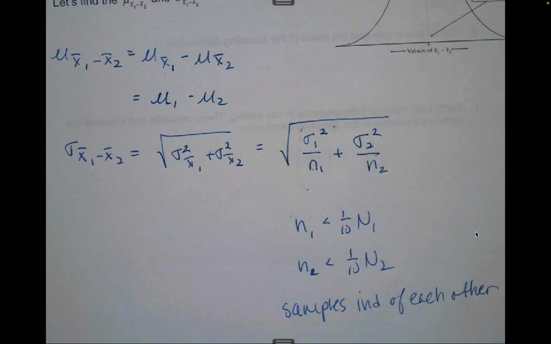Go ahead and try the one on the back. When it asks you to do an interpretation, you can just do one big interpretation at the end.